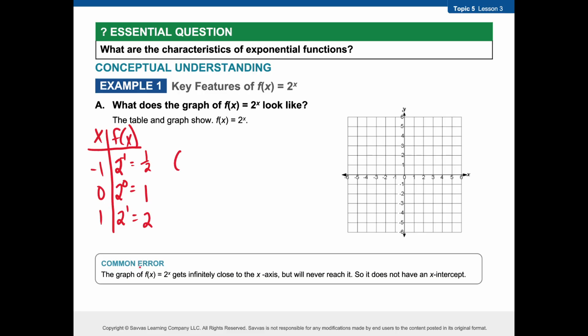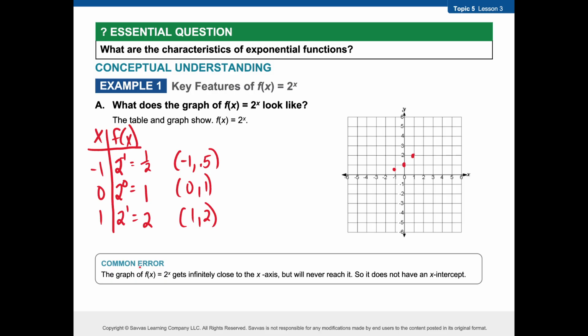So these ordered pairs would be -1, 0.5, 0, 1, and 1, 2. So -1 and 0.5 would be right about here, 0, 1, and 1, 2.